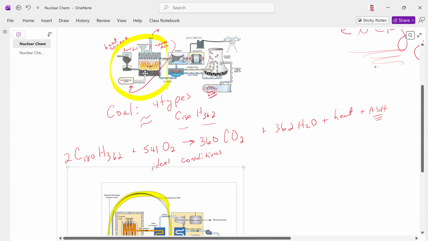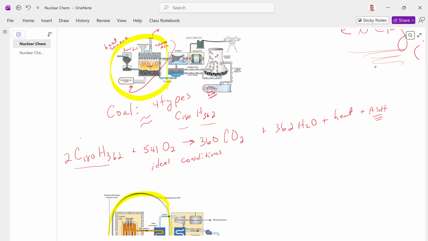We've got coal, crushed to a very fine powder so that there's a high surface area. We've got oxygen, and under ideal conditions, we've got this as products. So we've got combustion reactions always have carbon dioxide and water as products. And we have lots of heat, which is interesting.